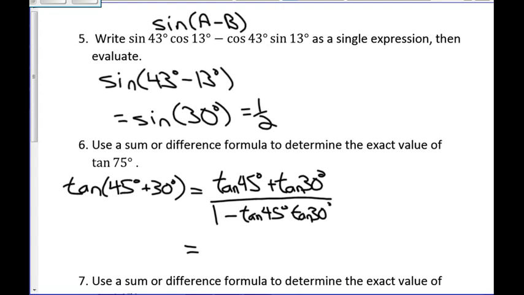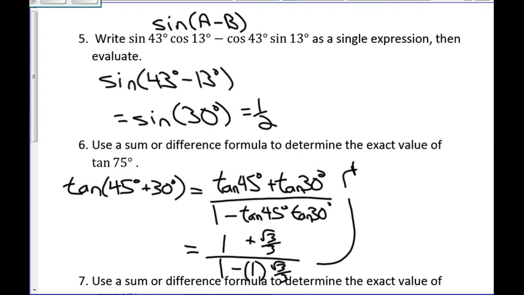I'll work this vertically here. So tan of 45 is 1. Tan of 30 is root 3 over 3. This will be 1 minus tan 45 is 1 times root 3 over 3. If I want to simplify this further, I could get a common denominator on the top, so I'd have 3 plus root 3 over 3. All over on the bottom, I'd have 3 minus root 3 over 3. Okay.